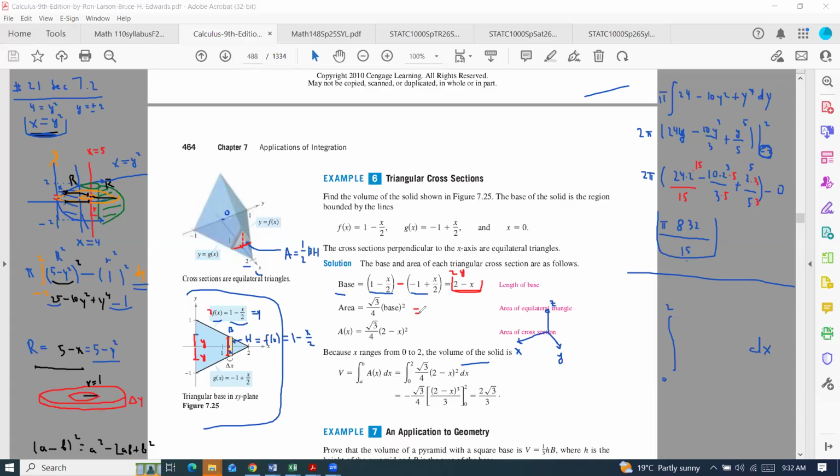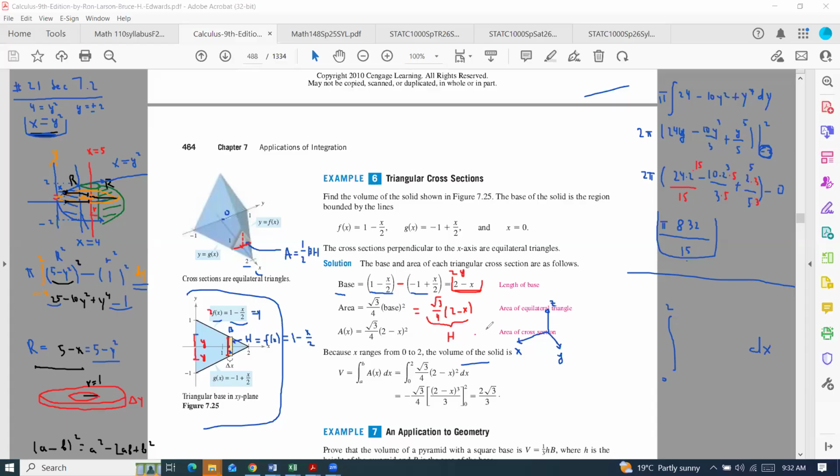See, that's interesting. Because the base is here. So they multiply square root 3 over 4, right? By another base, 2 minus x. So that's our height. See, they don't really say it at all.